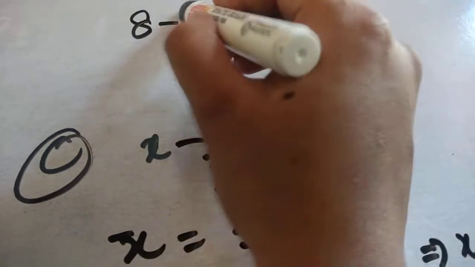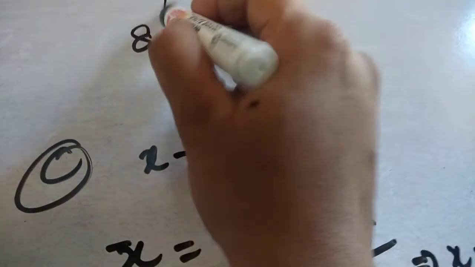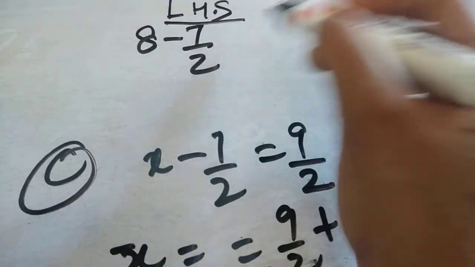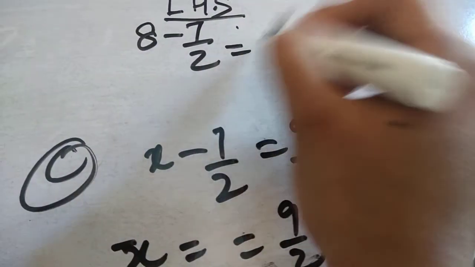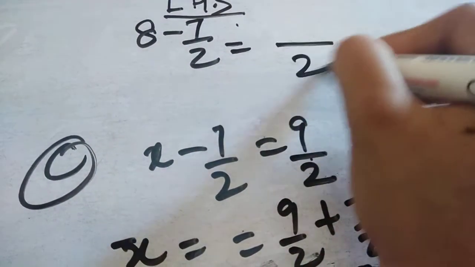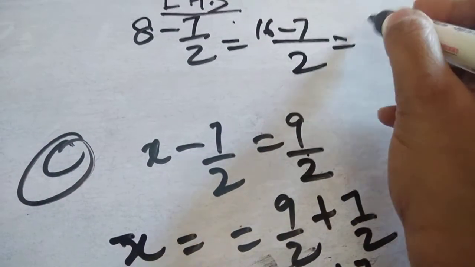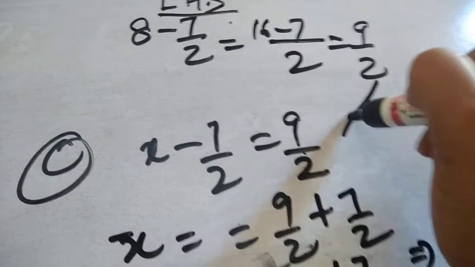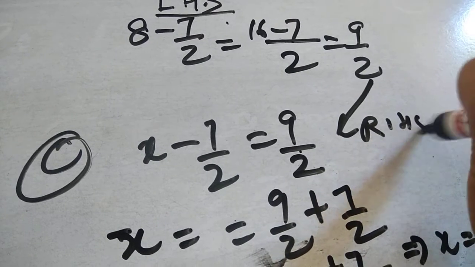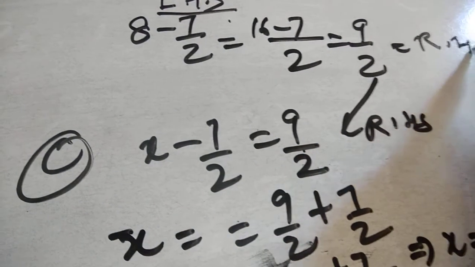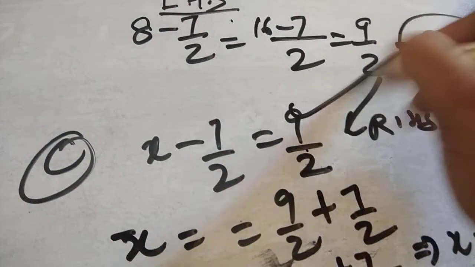So 8 minus 7/2, we take the LHS part, not the RHS part. If LHS equals RHS, then this is verified. So take the LCM of that, then 16 minus 7 equals 9/2. This equals RHS. So LHS equals RHS, hence verified.